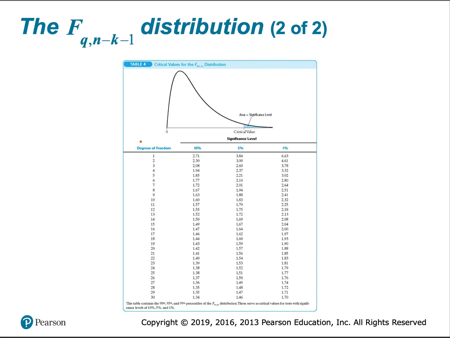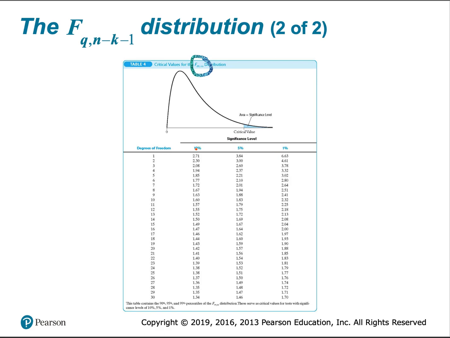Here is a look at the F distribution for different degrees of freedom where the sample size is infinity. Look up here, we have critical values for the F(q, infinity) distribution. Here we have assumed that the sample size is very large, and we have different degrees of freedom for the different number of constraints imposed in the hypothesis from 1 to 30, and the significance level at 10%, 5%, and 1%.